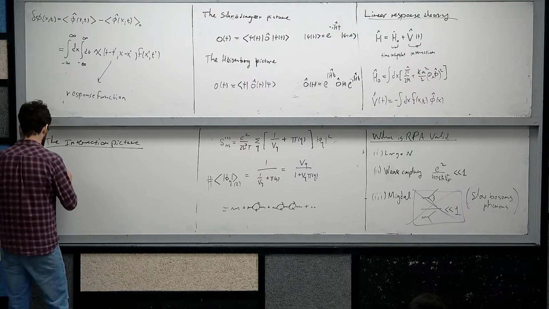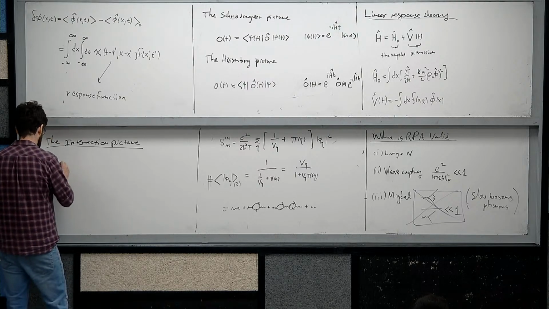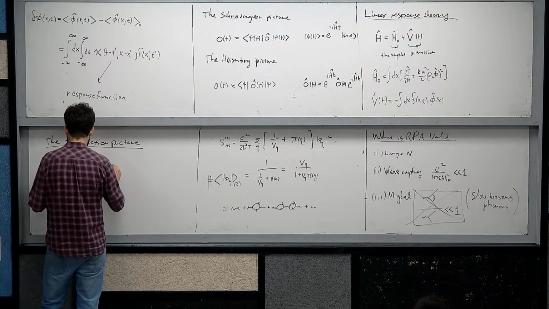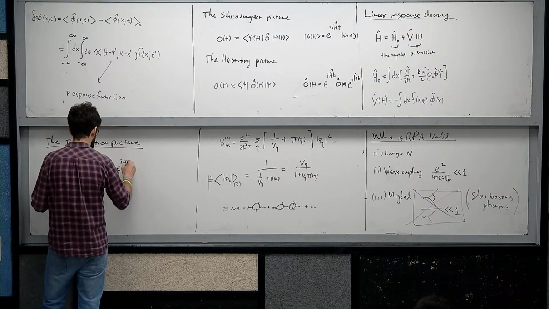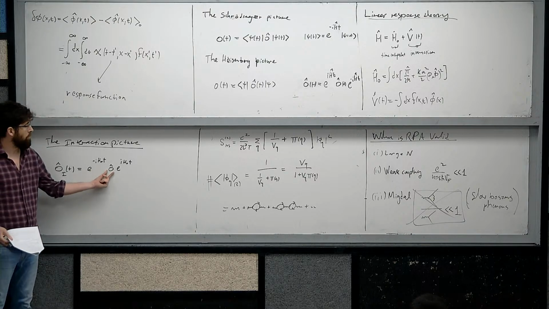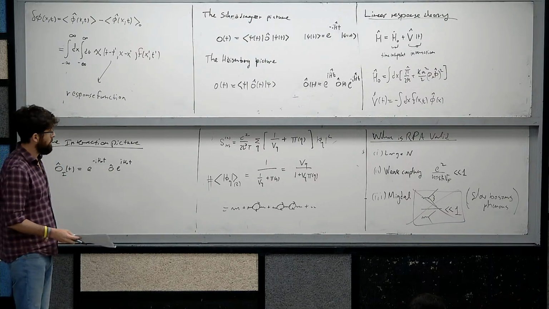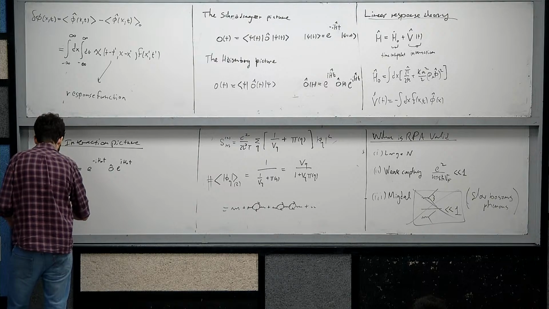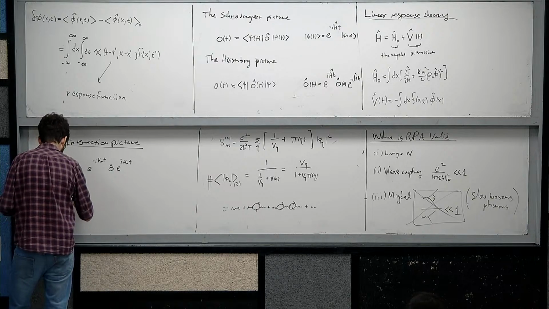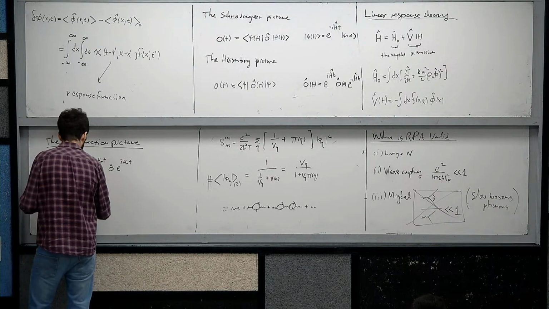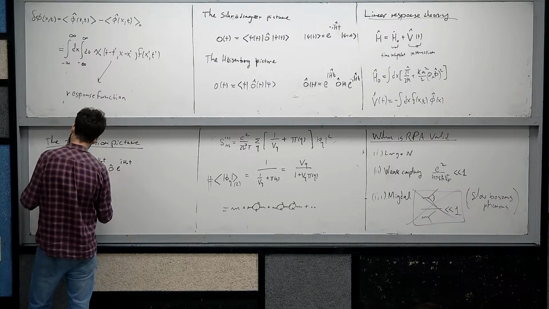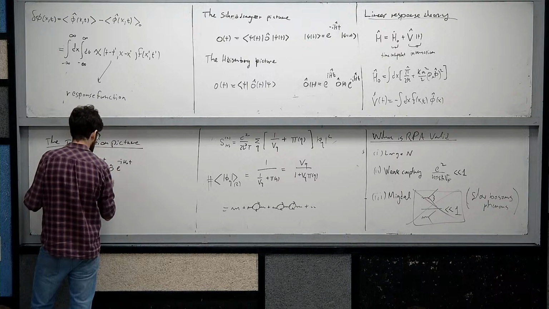Okay, so we denote it like this. O_I of t is going to be e to the i H naught t, O, e to the minus i H naught t. So the operators evolve with the free part of the Hamiltonian, the part that is time independent, and the wave functions are going to be compensated.